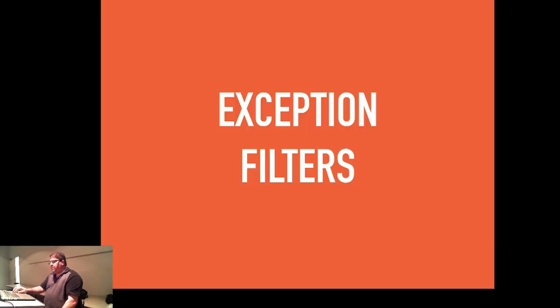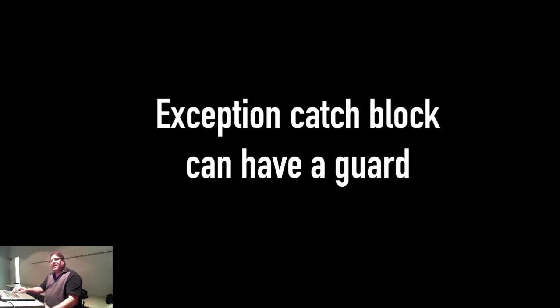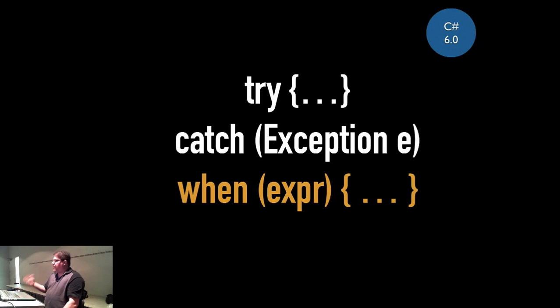This is a feature similar to VB.NET and F#, that it wasn't in C#. Now the exception catch block can have a guard, a condition, a filter. So we can do try, catch, and add a when.